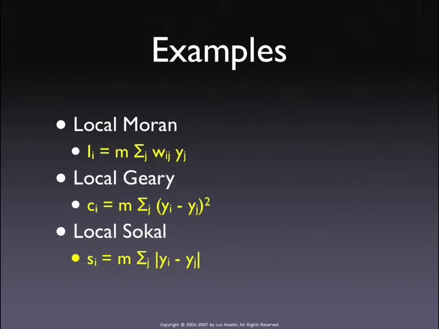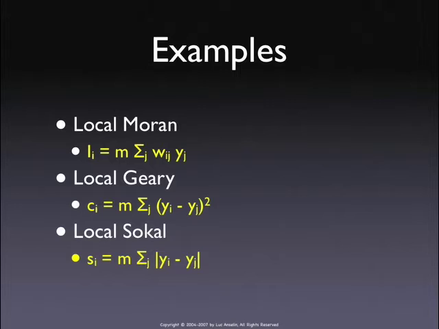The local Geary isn't used very much, but it's simple to establish. Replace Aij by the square difference, and then we have that. Now, notice the difference between the local Geary and the local Moran. In the local Moran, y of I is in this m part. In the local Geary, y of I is in the statistic itself, which is a little more complicated.